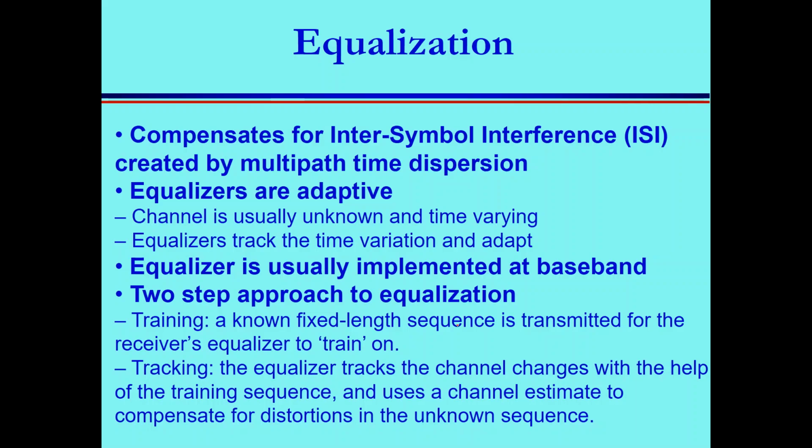As the channel changes, you need to update them, because the channel is usually unknown and time varying, it varies continuously, and equalizers have to track the time variation and adapt according to the channel behavior. Equalizers most of the time are implemented on the baseband, not passband, baseband after the carrier modulation.